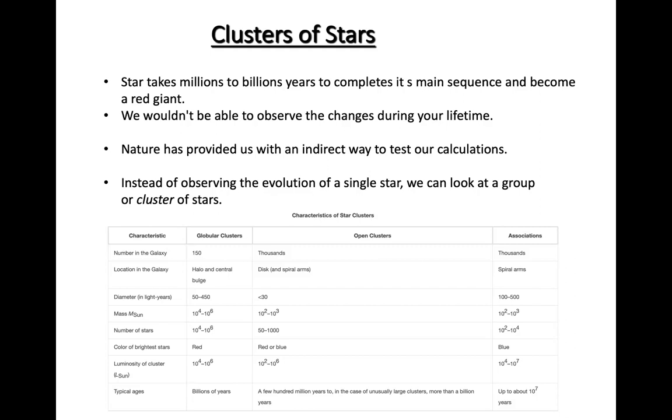Now, when we talk about clusters of stars, the advantage we have is when you observe a cluster. From the name, you can see that a cluster of stars means a collection of a large number of stars in a particular location of the sky, right? When you look at a star cluster, you will have different kinds of stars at different stages of their life.